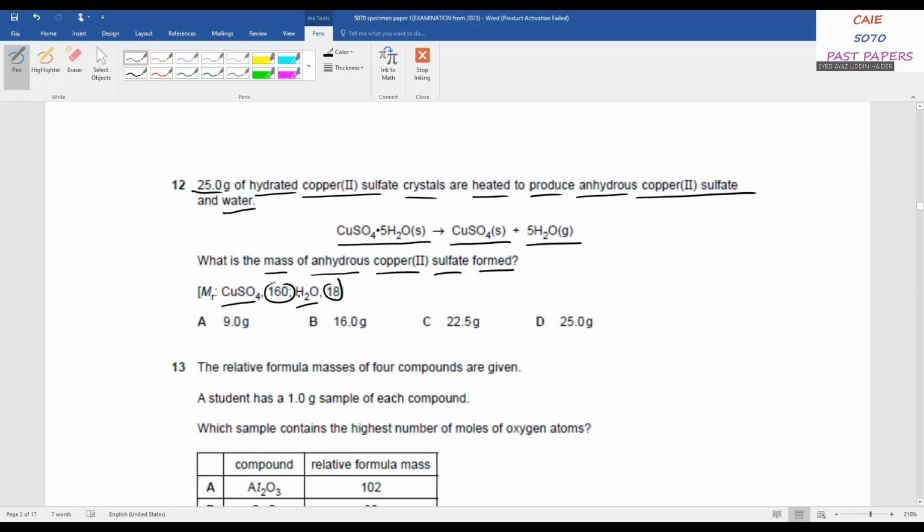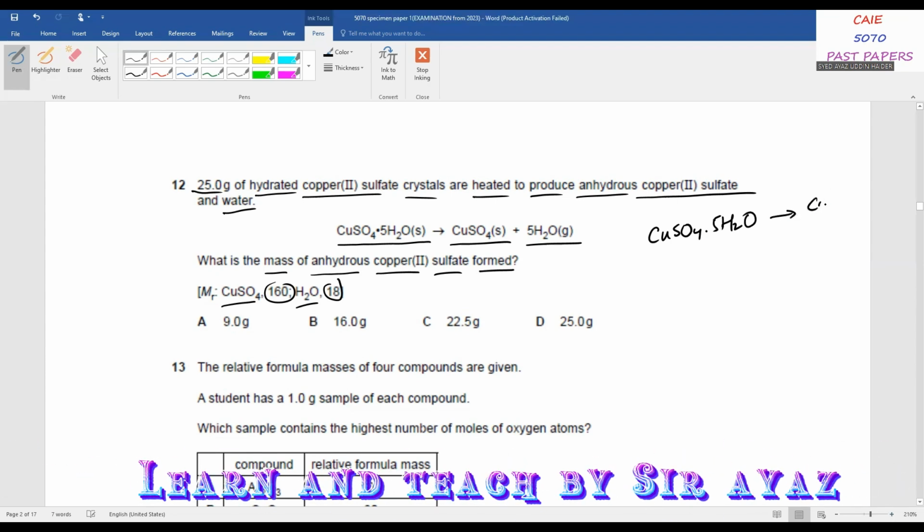So what we will do, I'm writing the equation here on the right hand side, CuSO4.5H2O. They are asking the mass of the anhydrous copper 2 sulfate, so I will write CuSO4. Simply express their MR in grams.